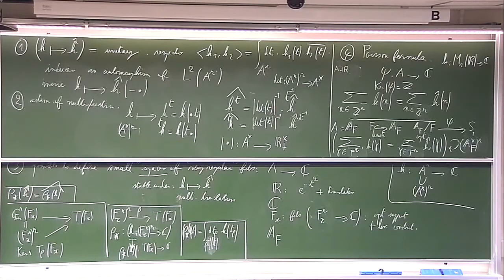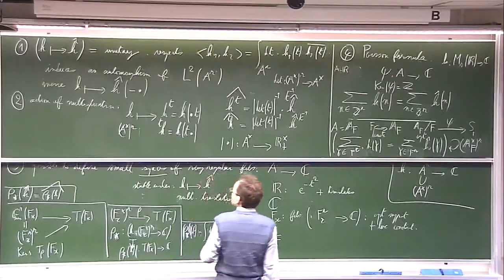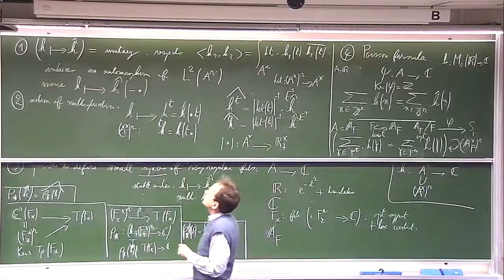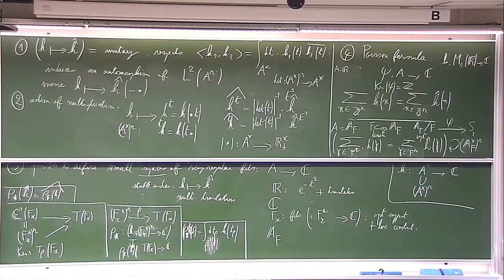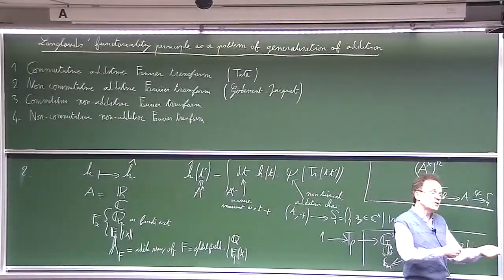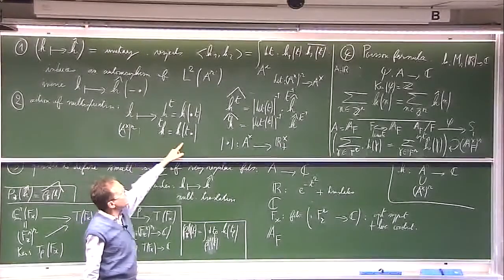Okay, and I can define the Fourier transform on the quotient, which means the Fourier transform on T of Fx, by this formula. And of course, here you will tell me it is only defined on the open subgroup, which is the image of this map, but it can be extended to the whole group by requiring that these formulas are still valid.